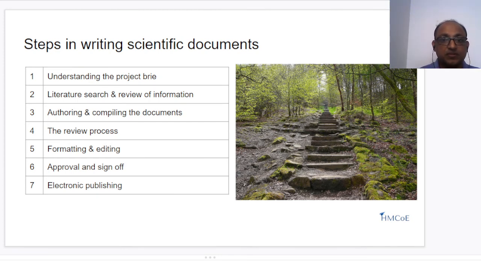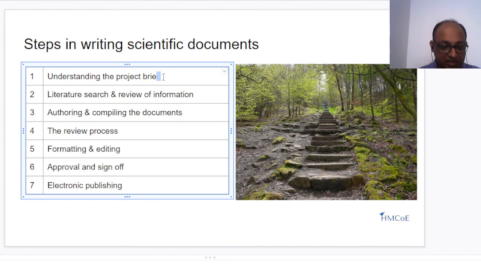Basically that brief includes your knowledge about what is the objective of the project. And apart from this, there will be need for literature review, because whatever content you are writing would be read by different people.